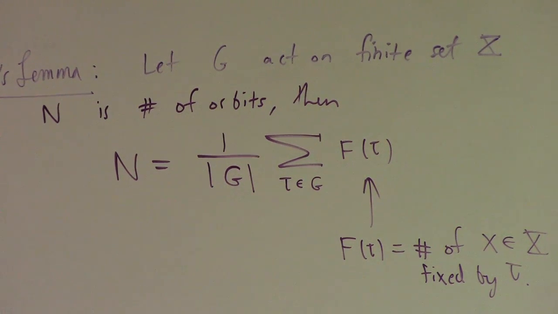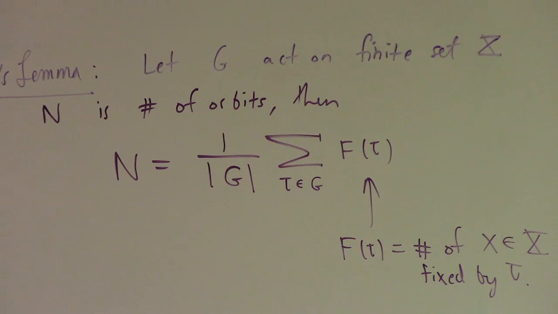He either puts a 1 or a 0 in each spot in the table, depending on whether the group element tau fixes x sub j or moves x sub j in the group action. So every group element either moves or doesn't move the given points in the set.